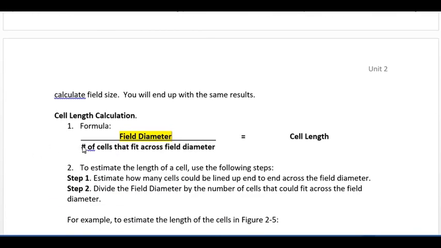Where the true estimation comes into play is where I estimate how many cells fit across the field diameter. If the cells are pretty large, as a lot of eukaryotic cells are, you can make a pretty good estimation. With bacterial cells, a lot of them are really tiny. It's an estimation, and we understand that, so we just want to see that you're in the ballpark.